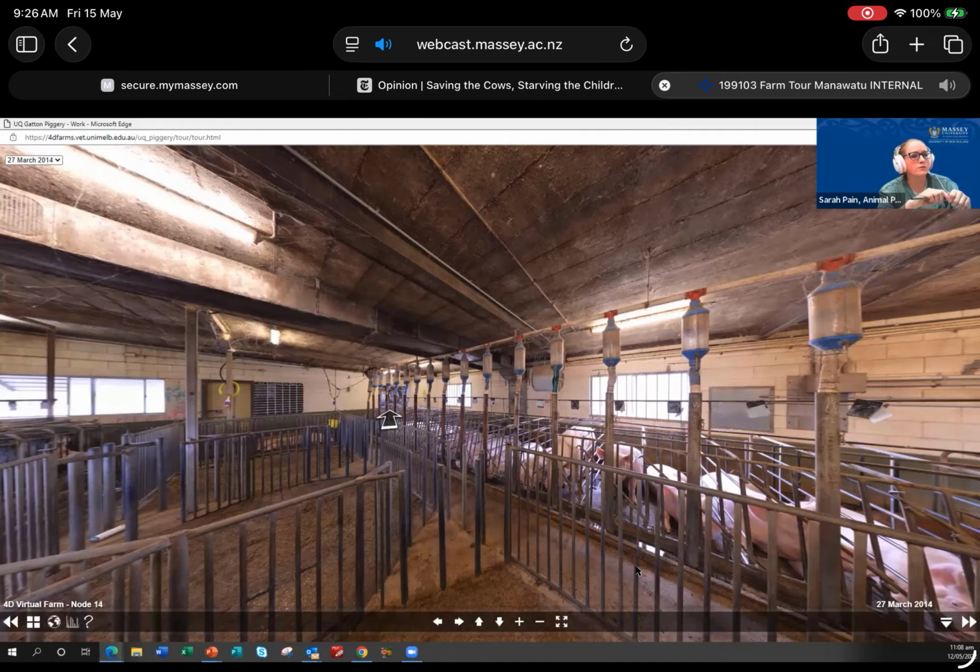So pig farms will usually have some entire males on the property, but they're not there for mating per se. They're there to stimulate estrus. The sows themselves, once the staff member has detected that she's on heat, the staff member will artificially inseminate that sow.